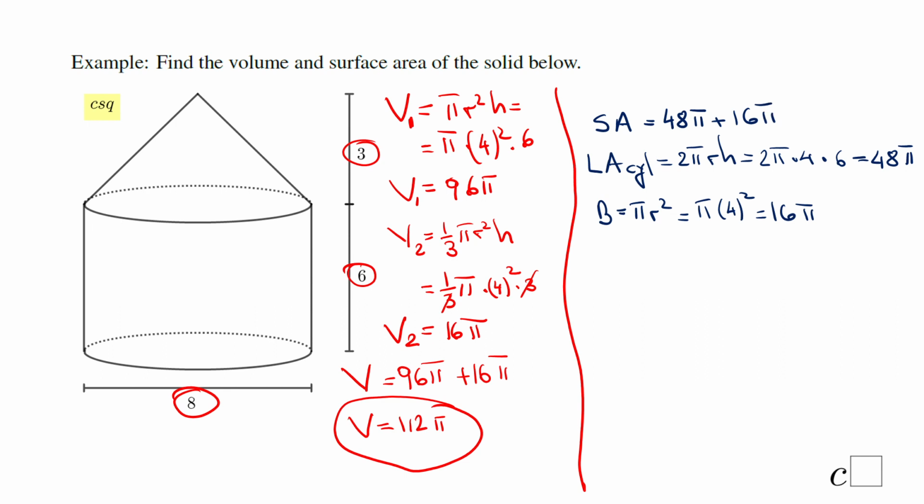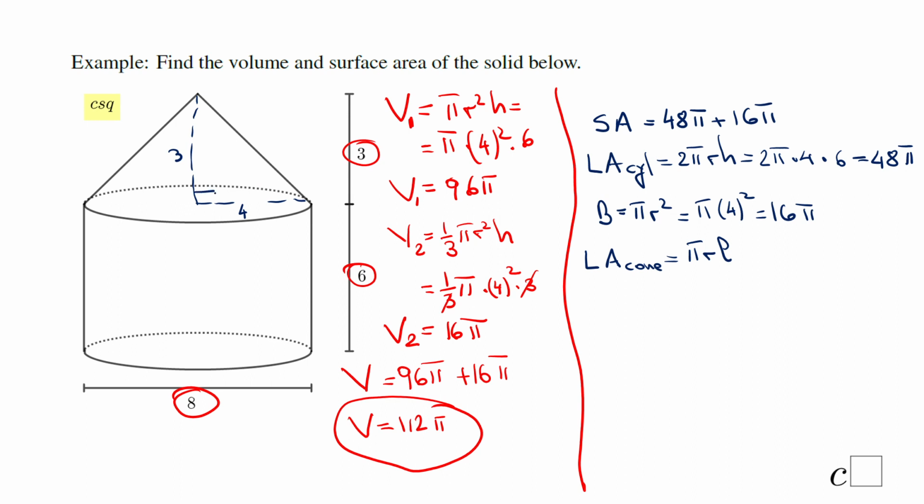And do we have one more thing? Yeah, we have the lateral area of the cone, which is pi r l. What is that l? That is the slant height. So let's take a look. This here is 3. This here is gonna be 4.